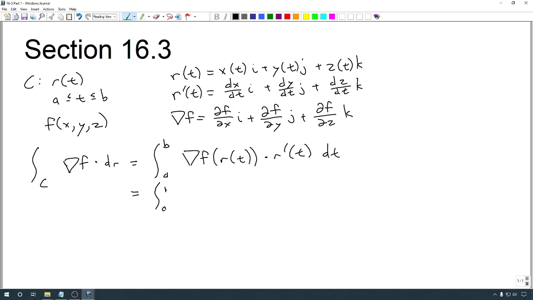But remember how we take the dot product. We're just going to multiply the corresponding components. So we multiply df/dx with dx/dt, and then we add that to the other two.